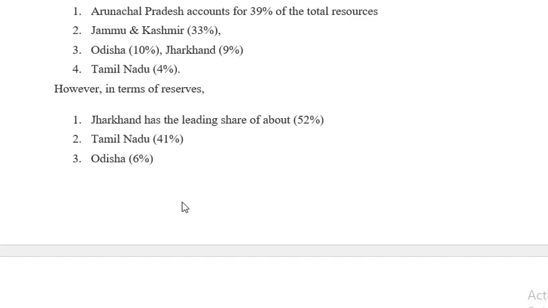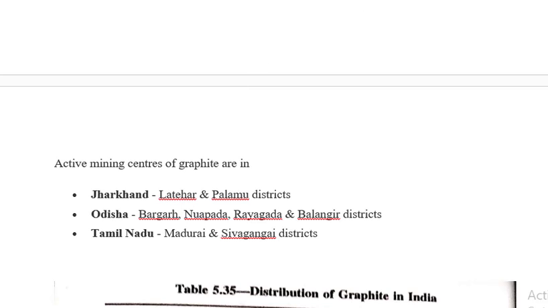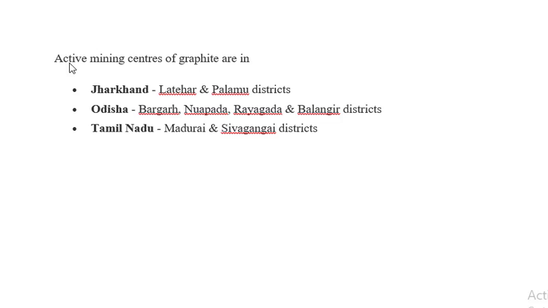So the active mining areas are present in the states which hold reserves, those resources which have been proved by the Geological Survey of India or by the State Department of Mining and Geology.